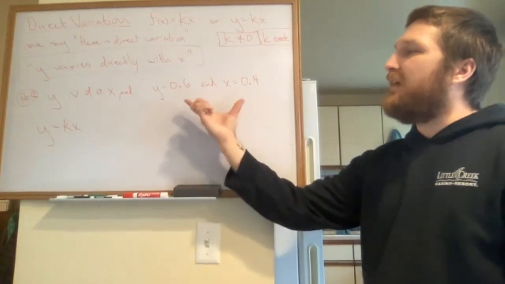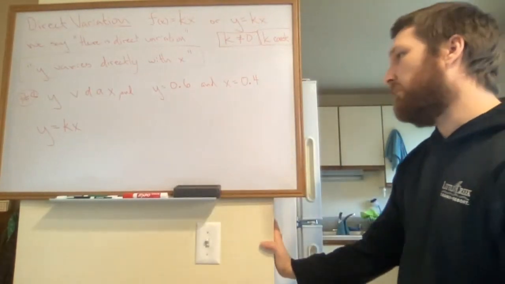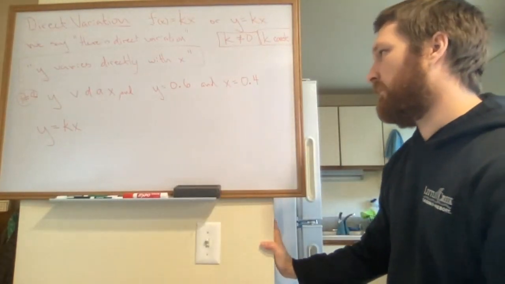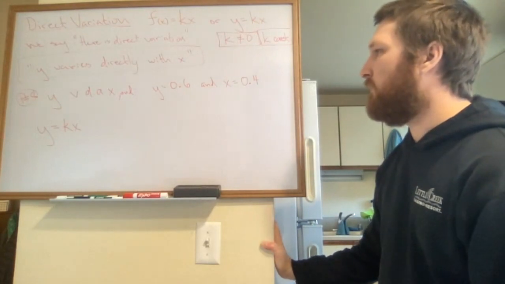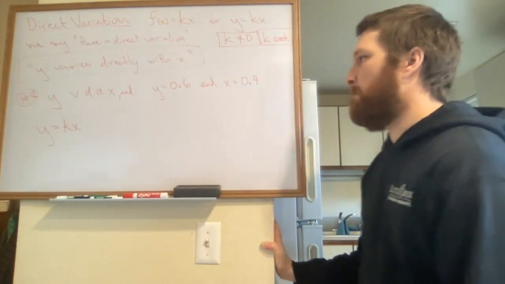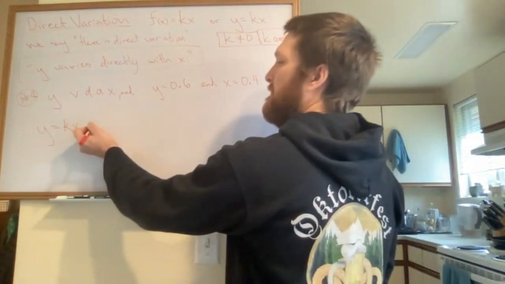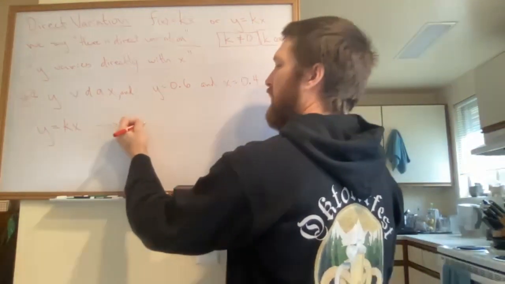So how do we find k? You have 0.6 equals k times 0.4.